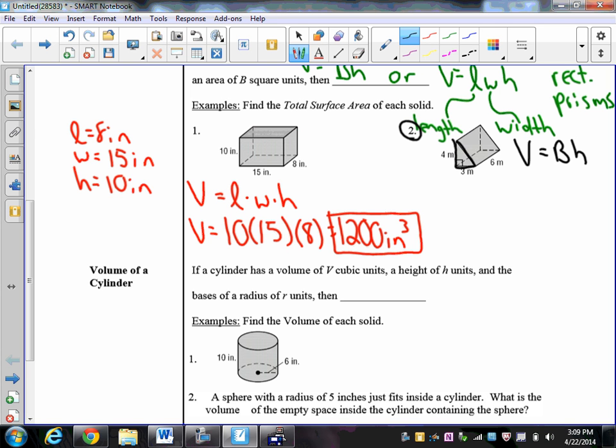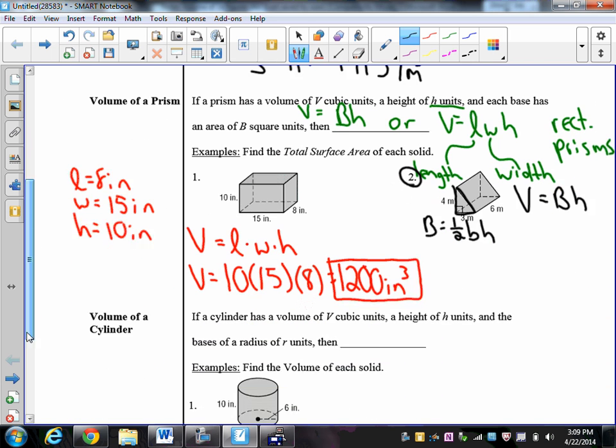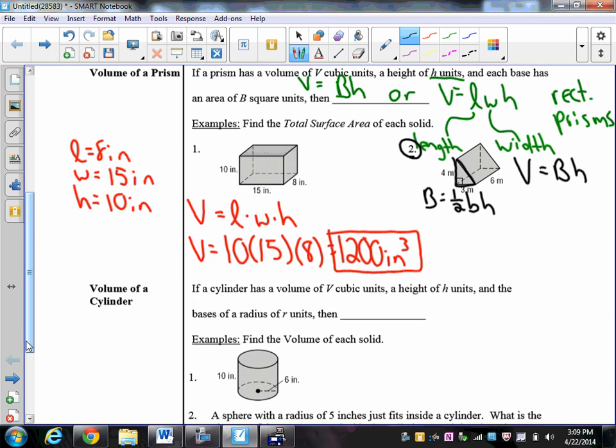So the area of a triangle, I guess I should call this capital B, the area of the base, is going to be 1/2 lowercase b times h. Here it is right here. That's something that you should remember from earlier on. So I'm given the base and the height, so it's 1/2 times 3 times 4, which is just 6 meters squared.